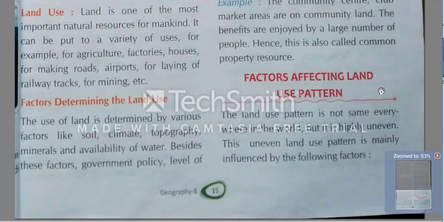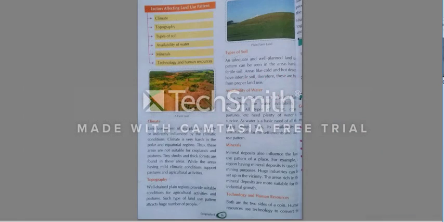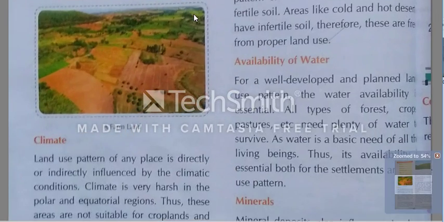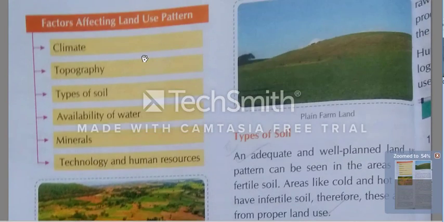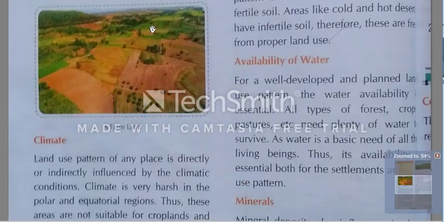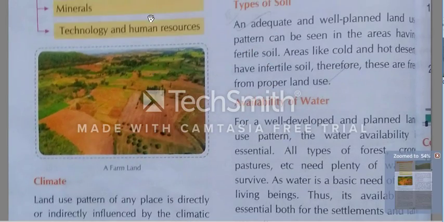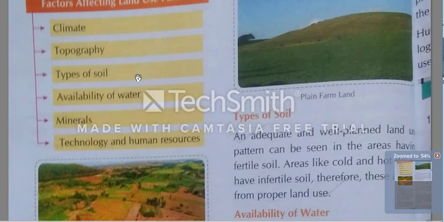I also gave you a question: factors affecting land use pattern are. What are the factors? Have you remembered what the factors are which affect the land use pattern? So first was climate. On the screen I hope you can see climate, topography, types of soil, availability of water, minerals, technology and human resources.